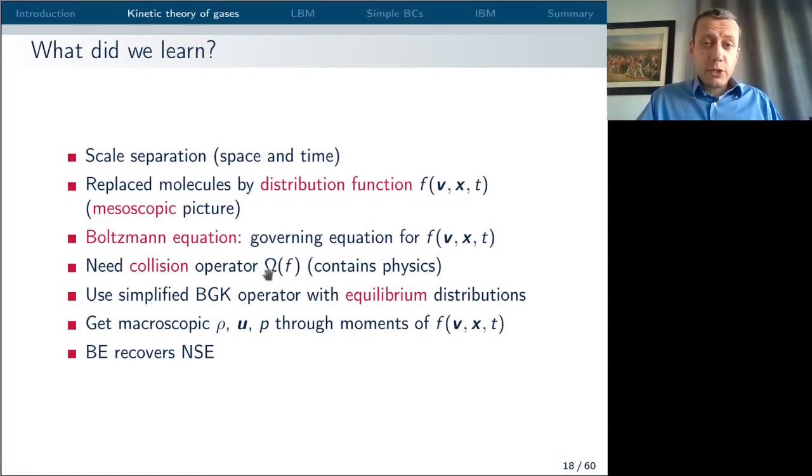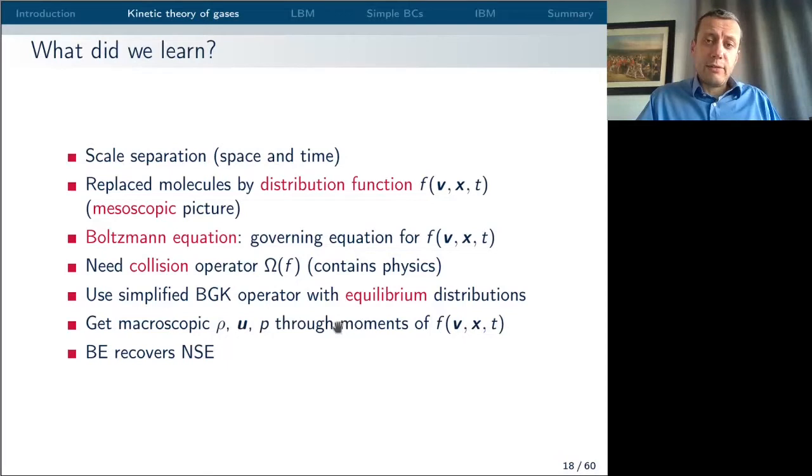It contains a collision operator omega, which is usually very complex in its mathematical form, but we can use a simplified BGK operator, which requires equilibrium distributions. These equilibrium distributions can be derived mathematically, and they just depend on density, velocity, and temperature. We can also compute the density, momentum or velocity, and the pressure in the fluid from macroscopic moments of the distribution f.